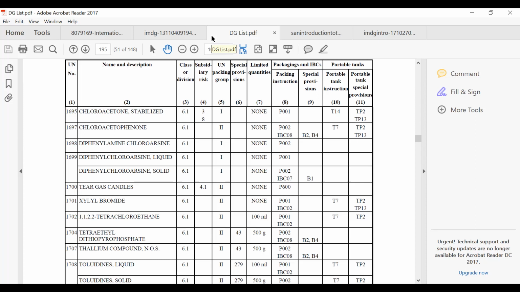Now, not all of them have special provisions, but the ones that have, for example, we have 1704, tetraethylene 6.1, packing group 2, and special provisions 43. So if I'm having special provisions 43, what I'll need to do is go check. Is anybody on board having the IMDG code there?